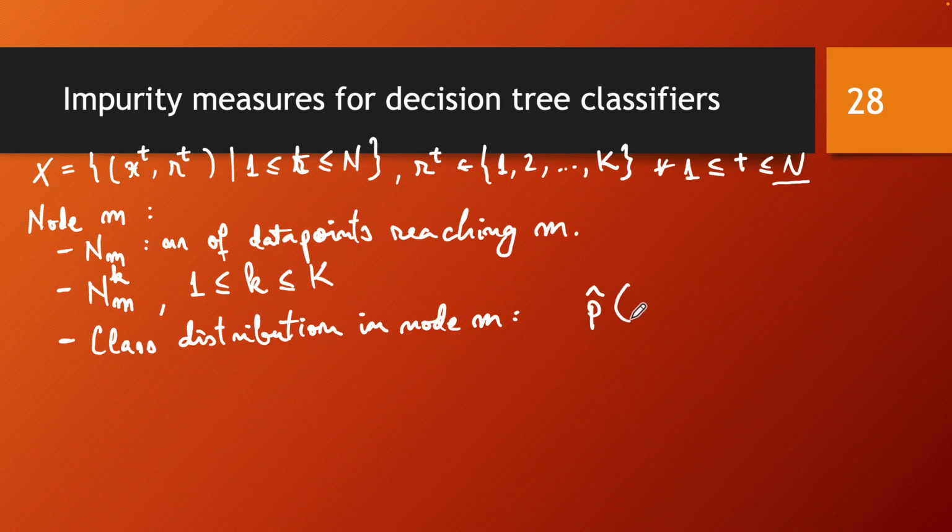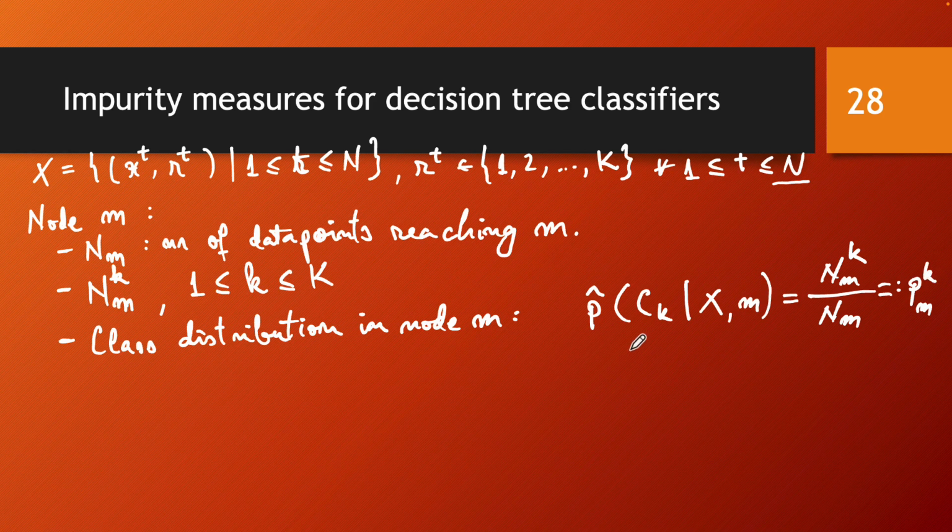It's going to be an estimate for class K, given the data set that I started with, and given that I make this estimate in node M. So this is simply how many data points I have from class K divided by the total number of data points, and all of this is relative to node M. And just to simplify this notation, I'm going to denote this as the probability in node M of class K. And this is going to be for all classes from 1 to K.